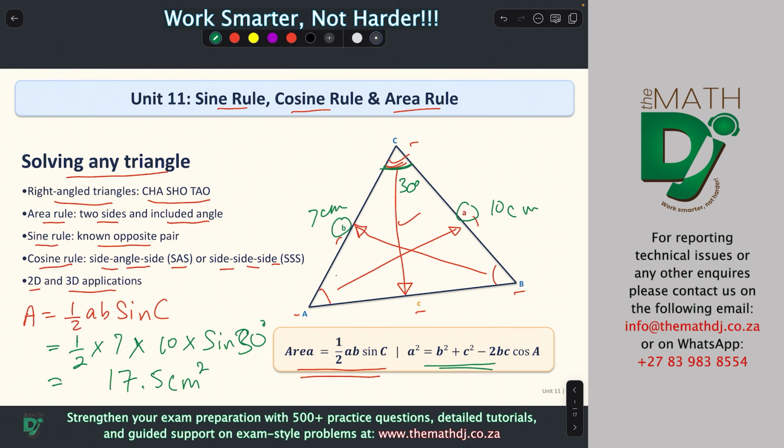Okay, let me just draw a different triangle so that I don't confuse you.